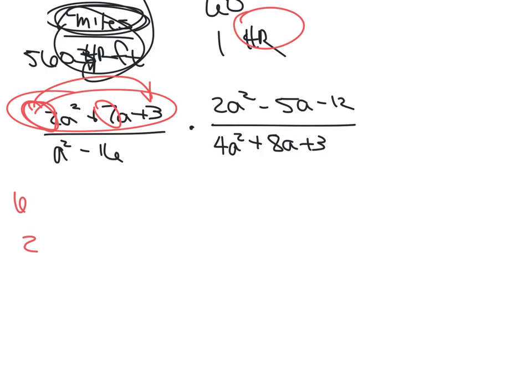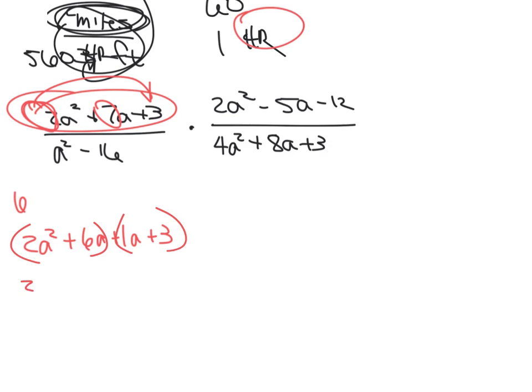So I have my numerator is 2a squared. Remember how you have to write them like this, so that these two numbers right here added together give me my middle term. And then I do my grouping.